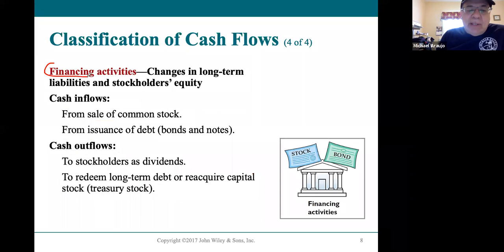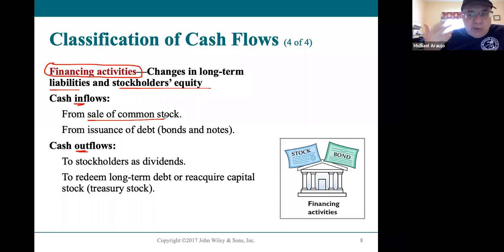Financing activities are any changes that usually happen in the liabilities and stockholders' equity, because that's the financing area, right? That's how we get money, right? So again, same thing here. Cash either flows in or cash flows out from financing activities here. So if we issue shares of stock, right?